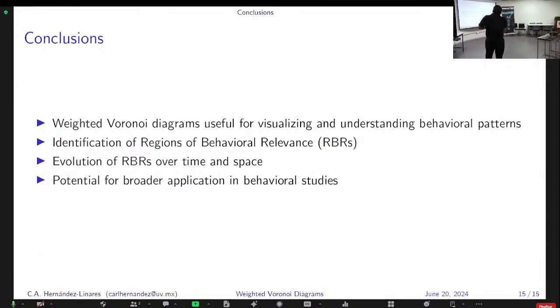In conclusion, weighted Voronoi diagrams are useful for visualizing and understanding behavioral patterns, for identification of regions of behavioral relevance, called RBRs, and also for evolution of RBRs over time and space, and it has potential for broader application in behavioral studies. That's all, and thank you for your attention, and sorry for my English.